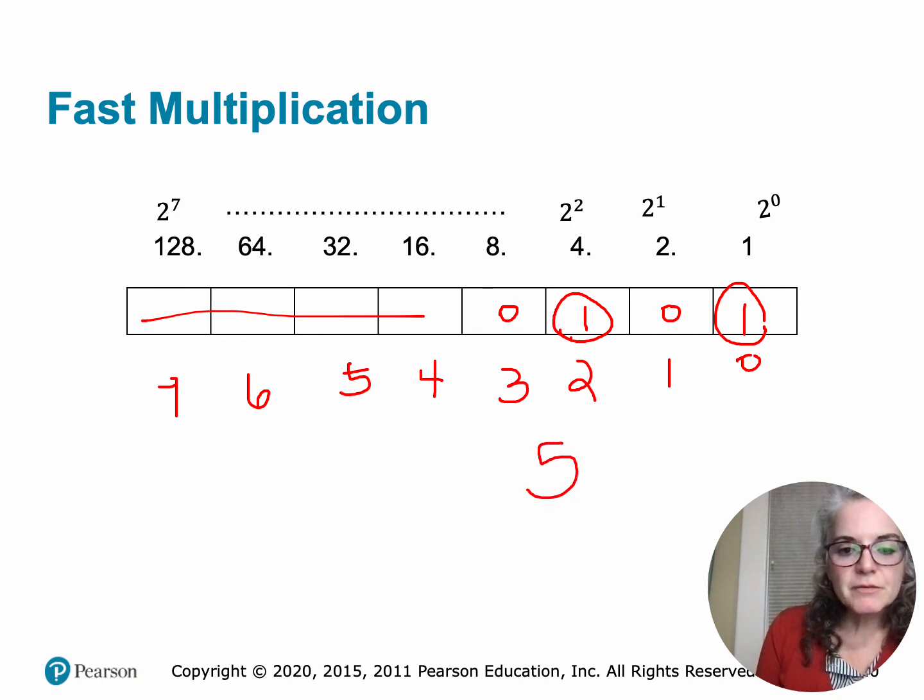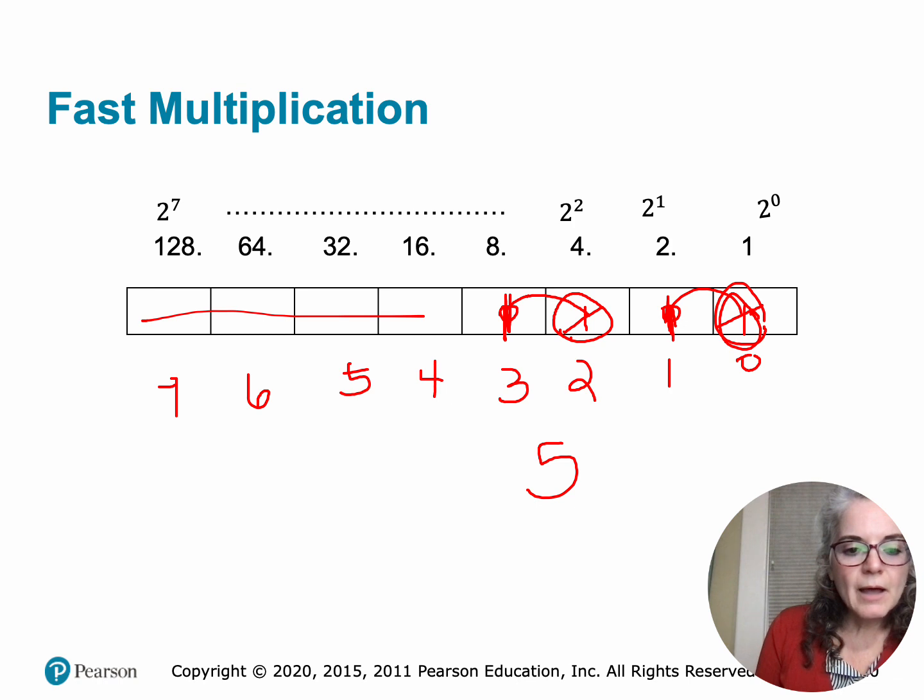Now, if I shift, this becomes a 1, and this becomes a 0, and I shift the second bit to the third one. Now this is a 1 and this is a 0.